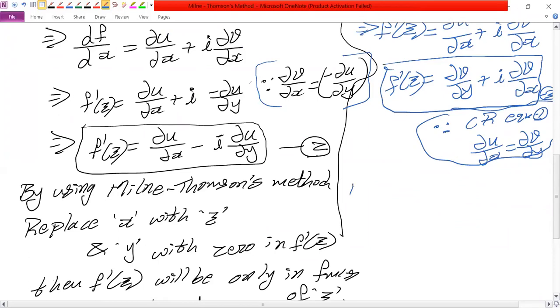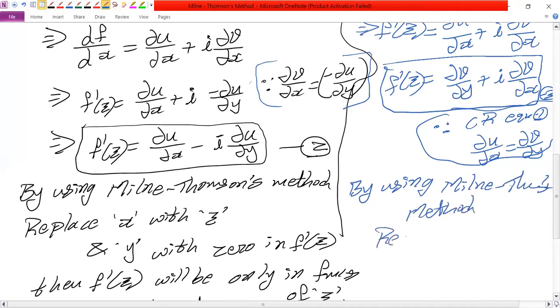So again, same concept, by using Milne-Thomson's method, replace x with z and y with 0.